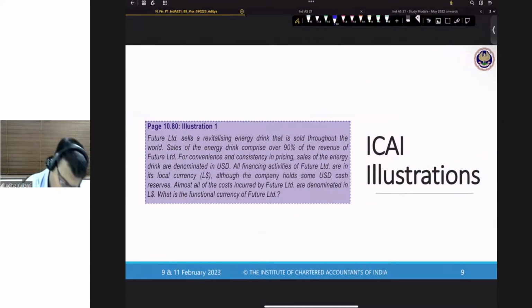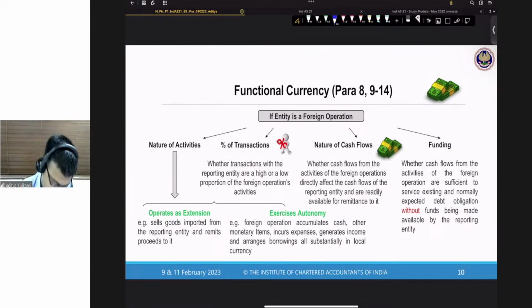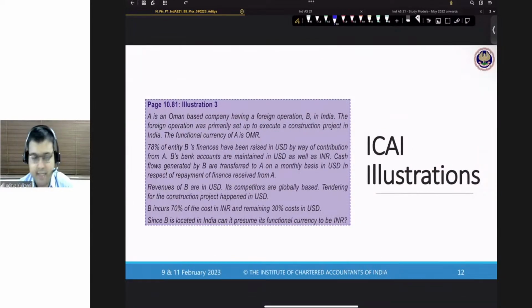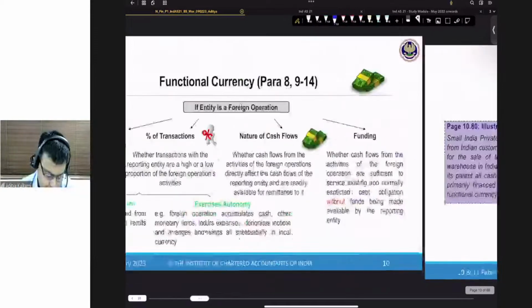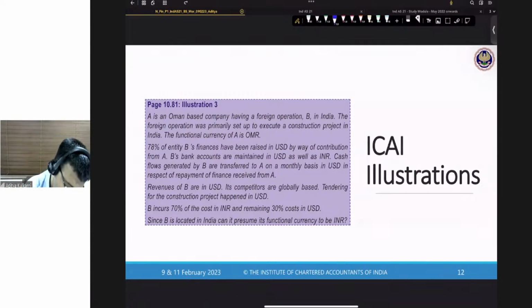Moving on, I want you to do illustration 1 for homework. Okay, I'm leaving this for homework. It is basically identifying your functional currency. We will come to foreign operations later, in the next class. So don't look at this slide. I'm not running away. Okay, I want you to do illustration 3 also for homework.